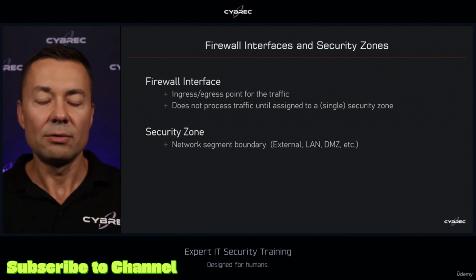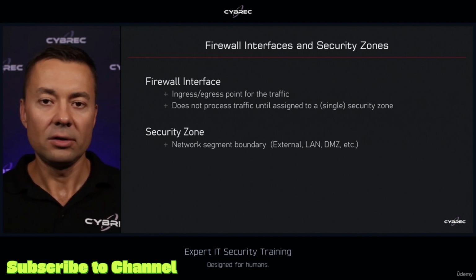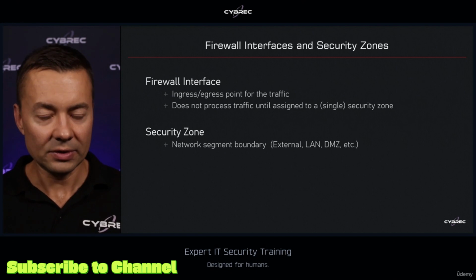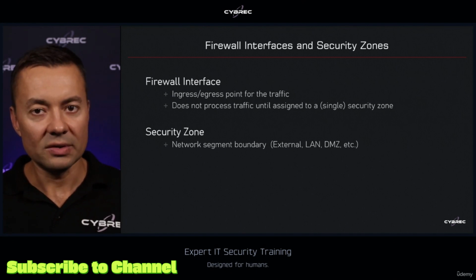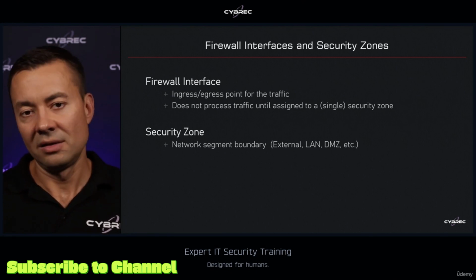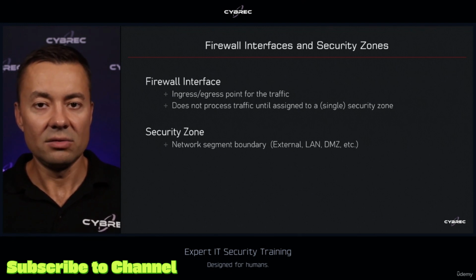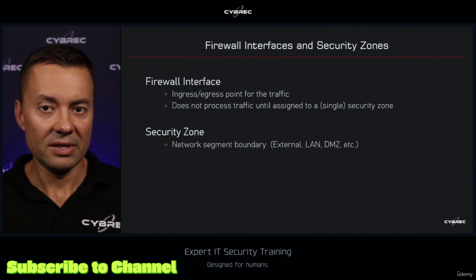So for instance, we can create a security zone called inside, which is meant to be connected to trusted devices like our internal users. We can have another security zone called outside, external, or internet, which will be connected to the external world, typically the internet.